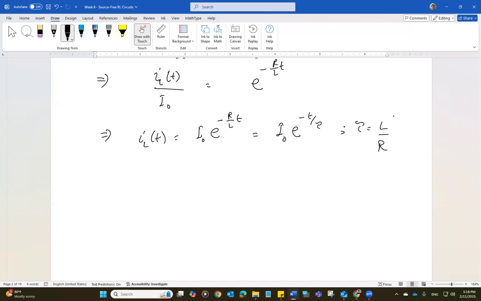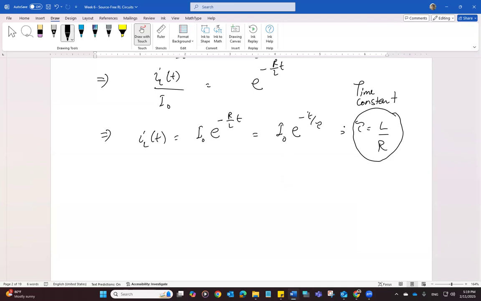So this is the time constant of RL circuits. And remember, the time constant definition, as we discussed, is the same. It is the time during which the inductor current drops down to 36.8% of the initial value, which is I naught. That's the definition of the time constant.